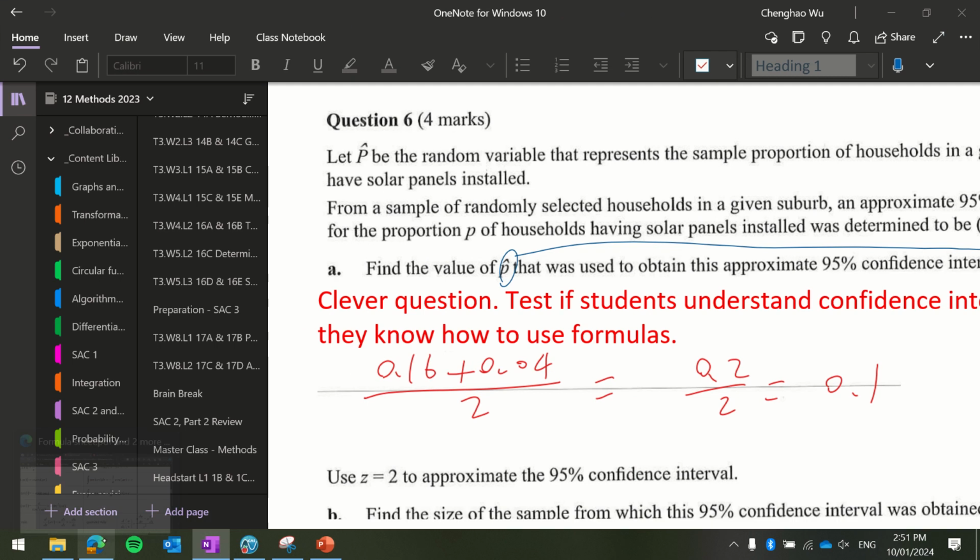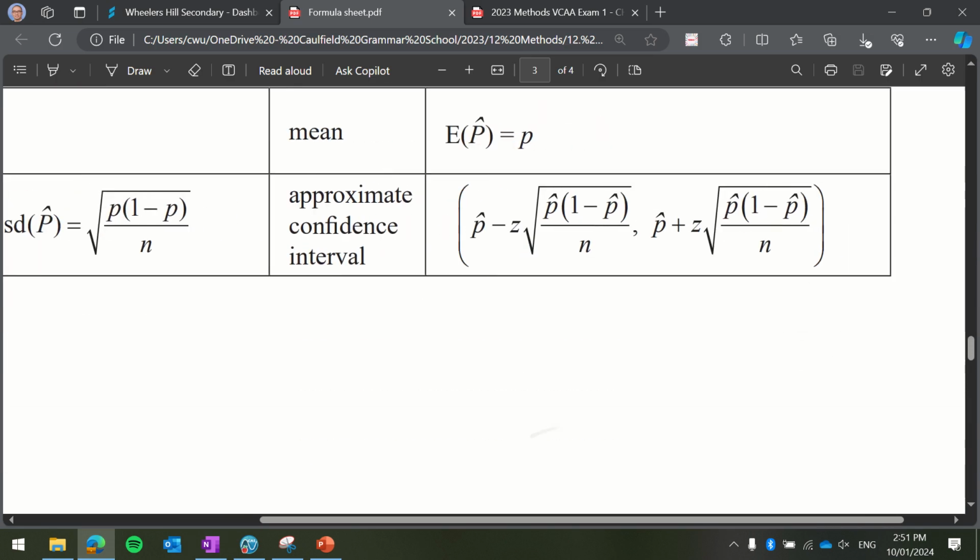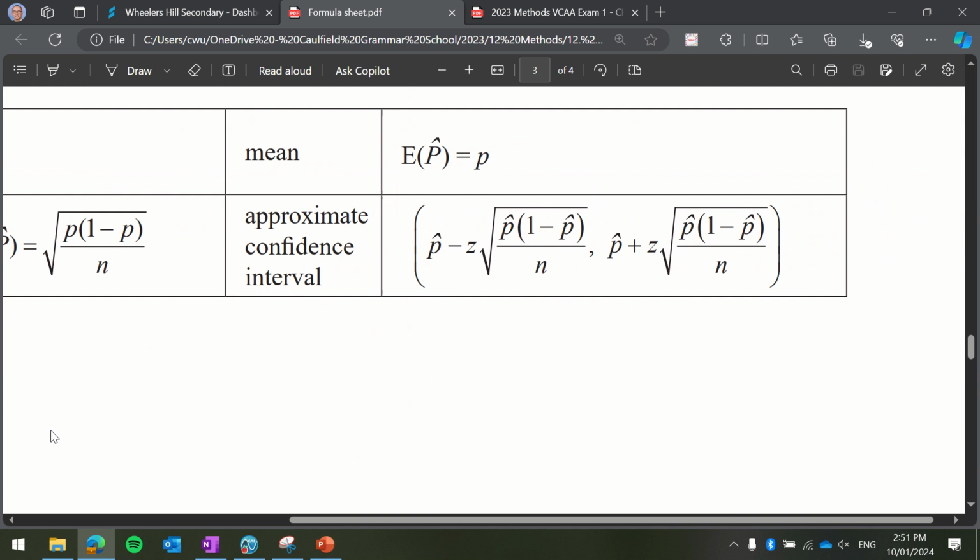If you look at the formula itself, it tells you as well. That's the confidence interval formula. The first number is P hat minus something, and then comma. The second number is P hat plus something. So you take P hat minus a value, you get the left end, and you take P hat plus a value, you get the right end, which means P hat is exactly in the middle of the two numbers in the confidence interval.